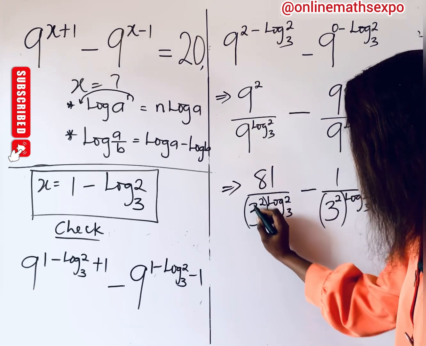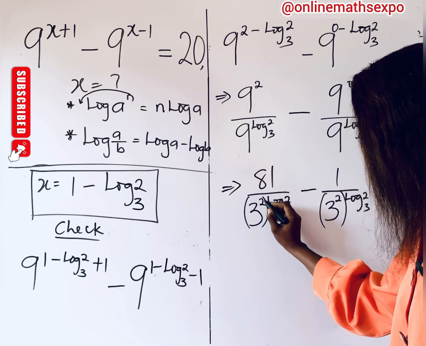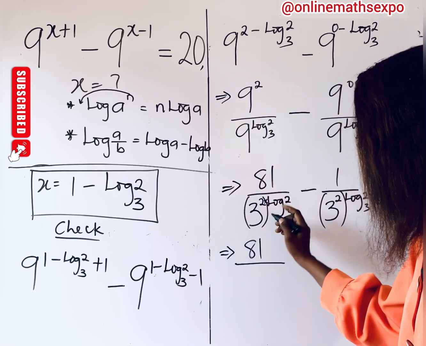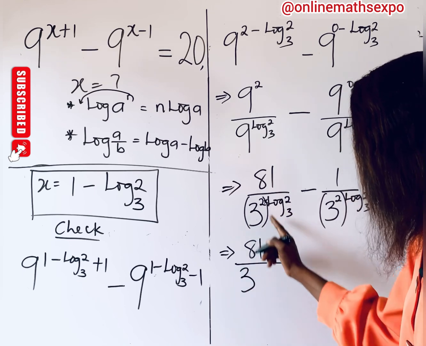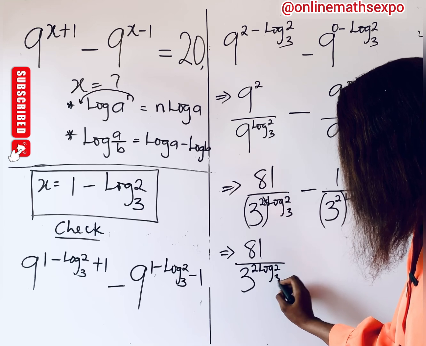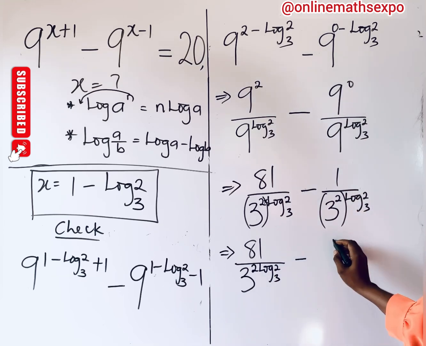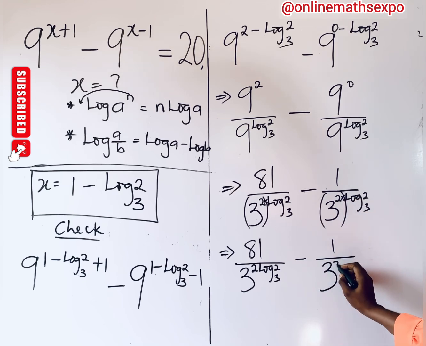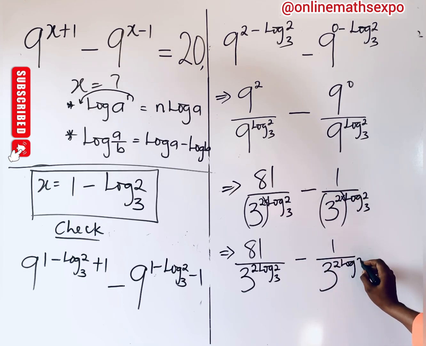Simplify this. When you remove the brackets, this will turn to multiplication. So this will now give us 81 over 3 to the power of, this will multiply this to give us 2 log 2 base 3. Did you see it? Minus 1 over, if you open up this, you're going to have 3 to the power of 2 log 2 base 3. Very interesting.